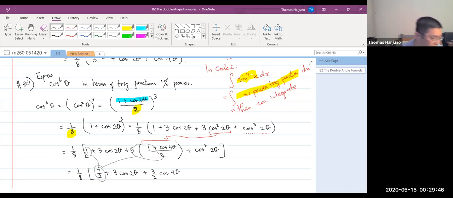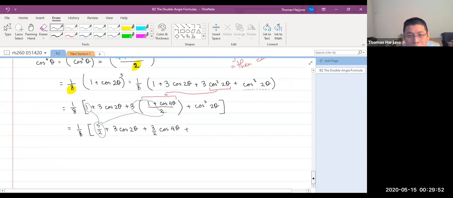What should I do with the last term here? Honestly, I don't know. I can write it as cosine square 2 theta times cosine 2 theta for now. How will that help? I don't know.